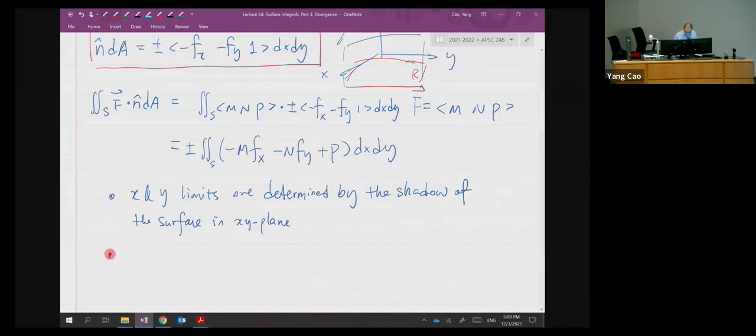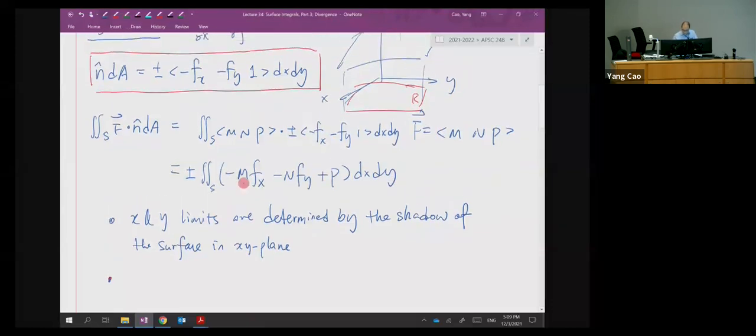And the second comment is that if you look at this double integral here, it's all about x, y, there's no z. However, if you think a little deeper, for the M, N, P functions, the vector field's nature is a function of x, y, z. For example, maybe you have an XZ function, or a YZ function.